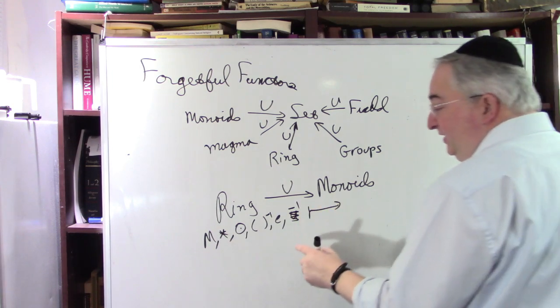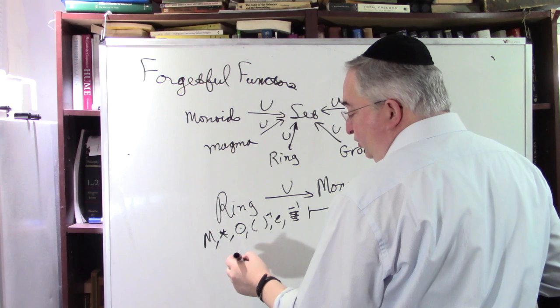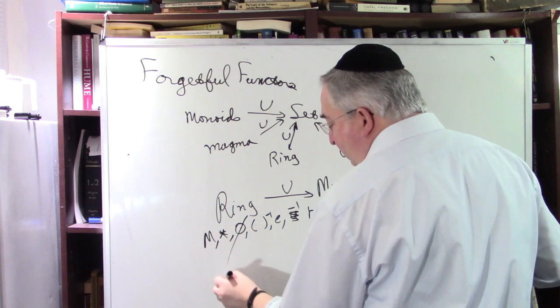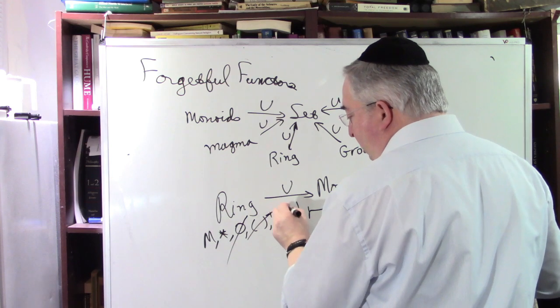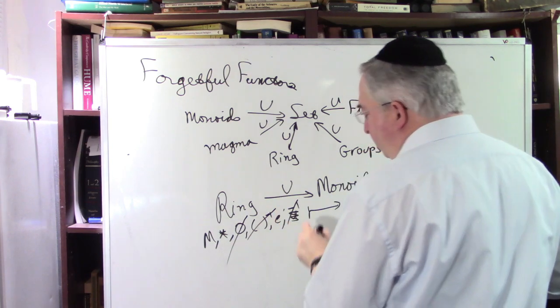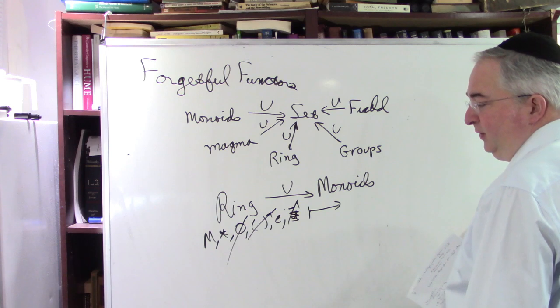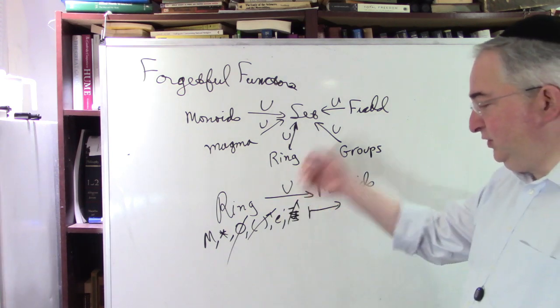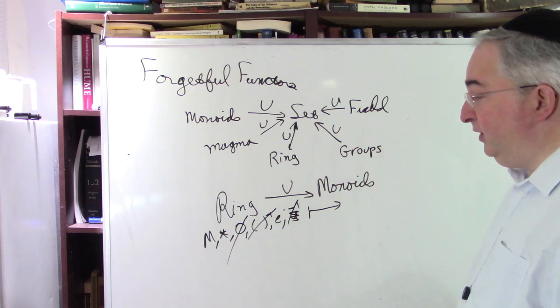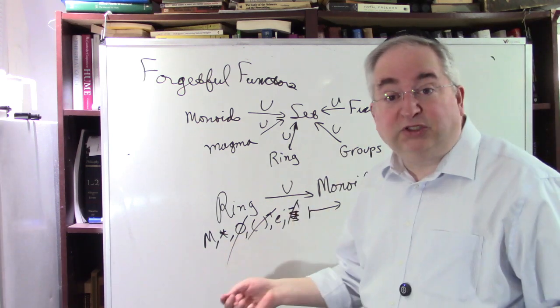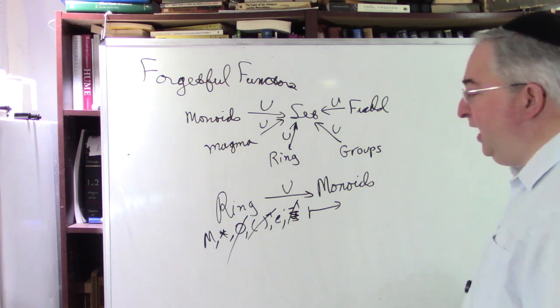I can forget some of the extra structure. I can forget this structure, and this structure, and this structure, and I get out a monoid. So if you forget the inverses and the second unit, you just get a monoid. Leave out some of the extra operations and you get a monoid.